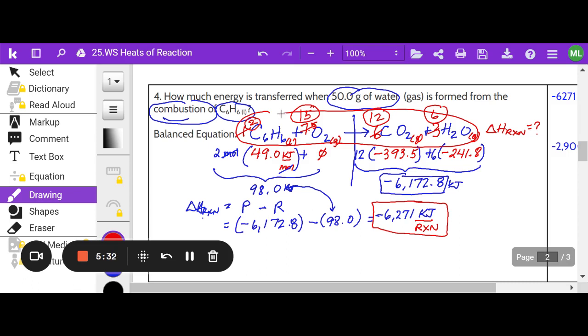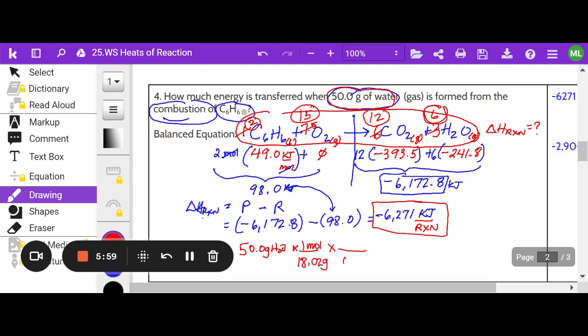If you wanted to get the energy transferred, if you only have 50 grams of water, then you have to do a little bit of stoichiometry. So what I will do is I will go ahead and change the 50 grams of H2O to moles. 1 mole of water is 18.02 grams. Okay. According to this thermochemical equation, do you see the 6 right here?